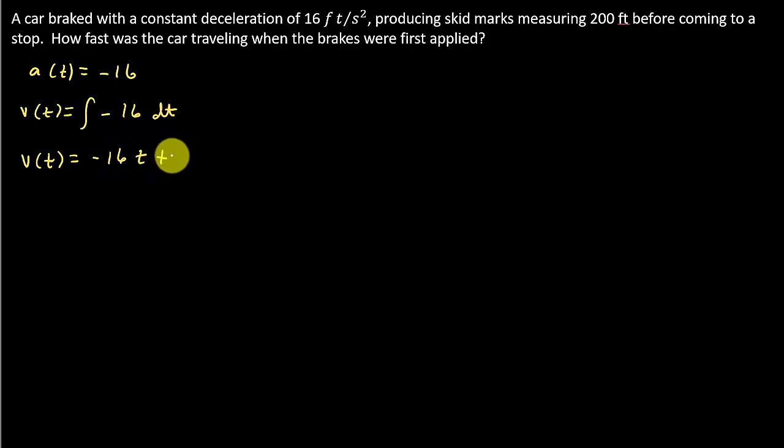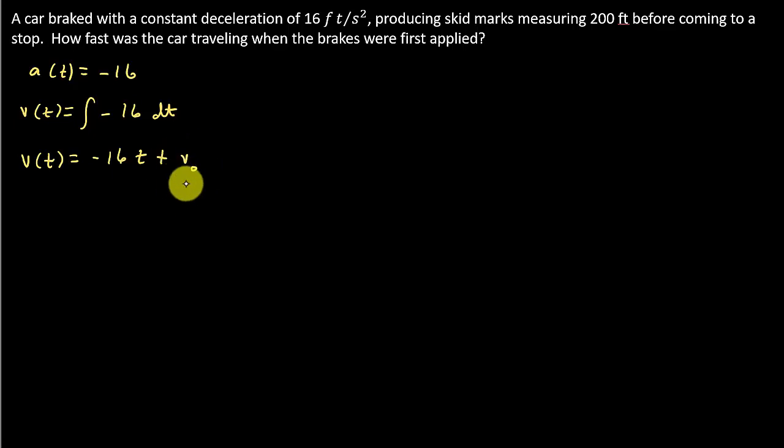plus a constant. Now, let's go ahead and think about this. Let's make our constant v0. I could have made the constant anything. I could have called it c, d, whatever. I just chose to call it v0. Now, what is v0?